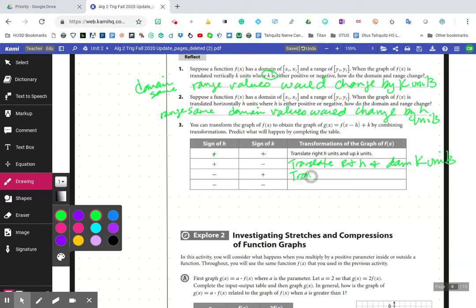So translate left h and up k units, because it's a positive. And then this one's going to be translate left h and down k units.